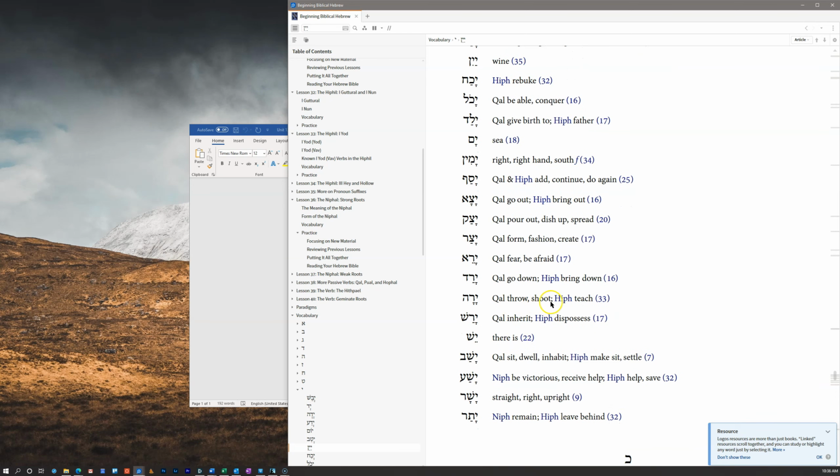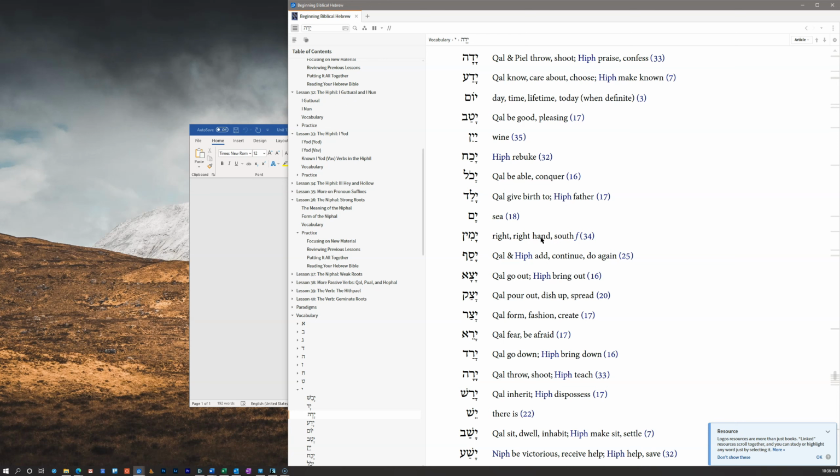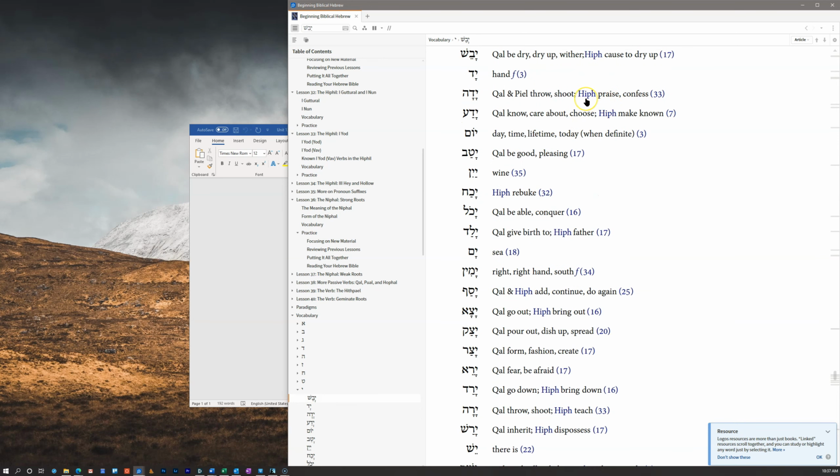Now I can connect teach with throw or shoot because I just see someone kind of throwing out lessons or illustrations or something like that, like where you teach someone how to shoot a basketball. I can connect those, but then when I have to connect it to praise or confess, that gets tricky.